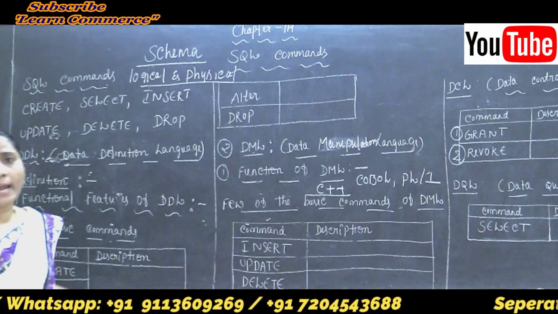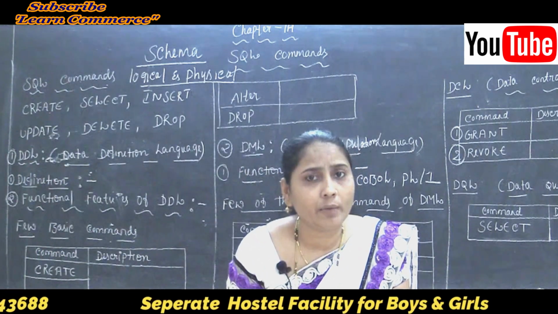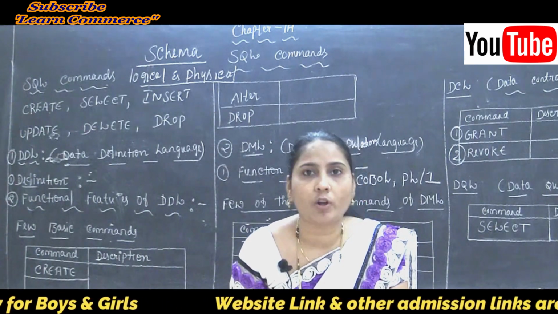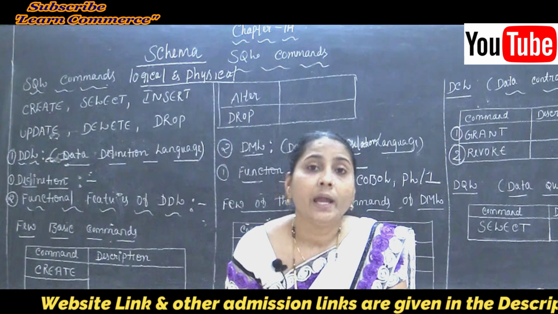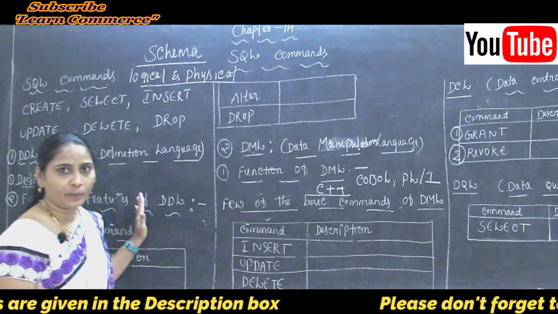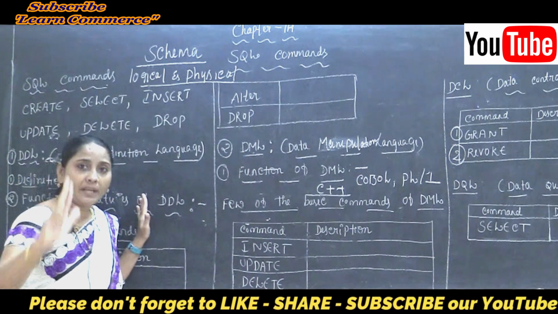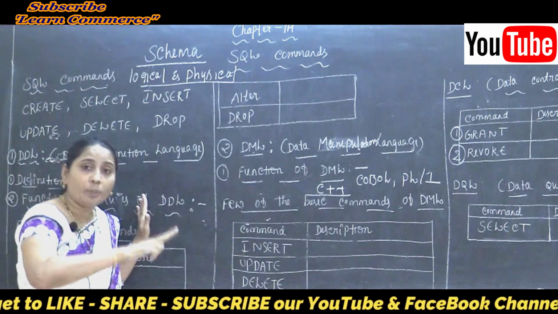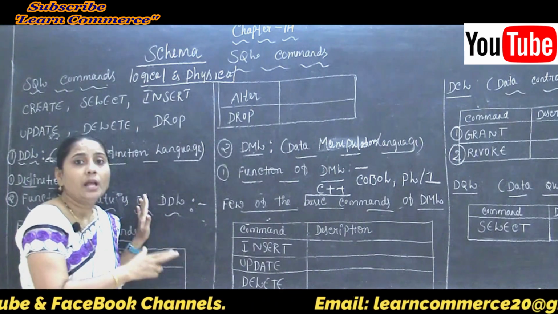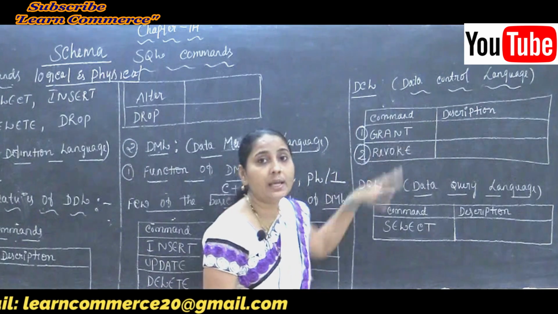Now what about grant? Why do we use the grant command, or what is the meaning of the grant command in SQL? It gives permission, also called privilege. It gives the user the privilege to perform any kind of operation, maybe creation of a table, deletion of a table, updating a table, or dropping a table. Whatever operation you want the user to perform is possible by using the grant command.